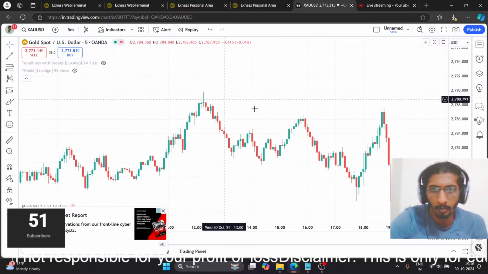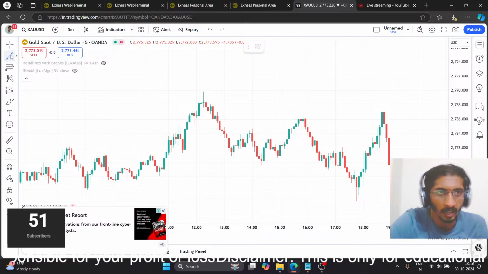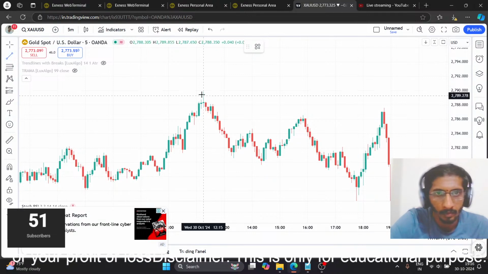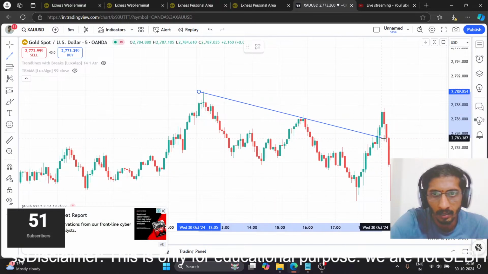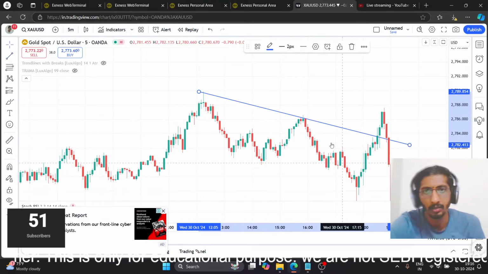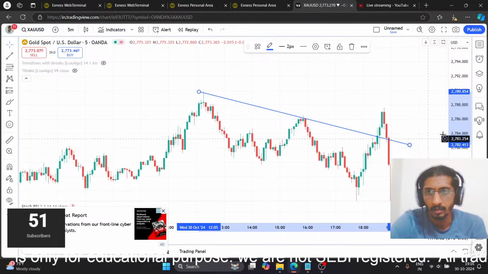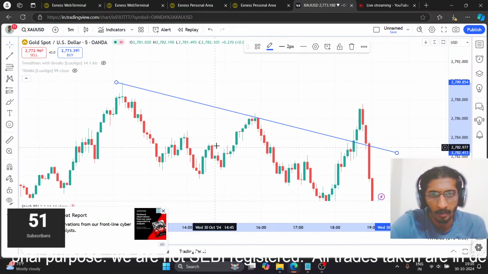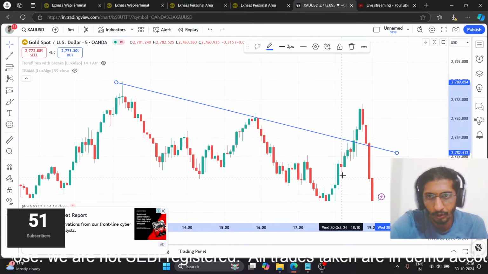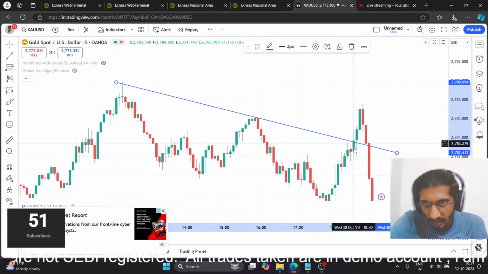If you take a bigger one, I'll just take the trend line, the first option here, place it somewhere here, and draw something like this. When the market is coming like this, it actually has to touch the trend line here and come down.